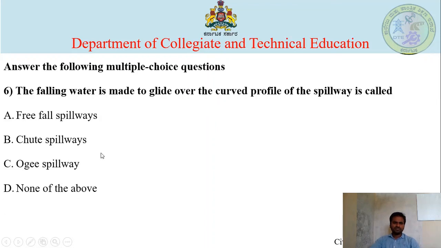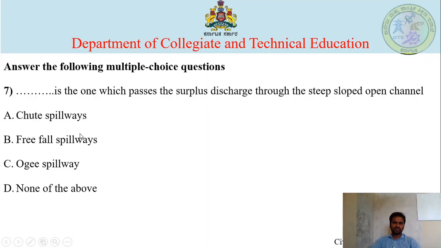Next question, question number 6. The falling water made to glide over the curved profile of the spillway is called option A, free fall spillway; option B, chute spillway; option C, Ogee spillway; option D, none of the above. Answer is C. It means the Ogee spillway. Next question. Dash is the one which passes the surplus discharge through a steep sloped open channel.